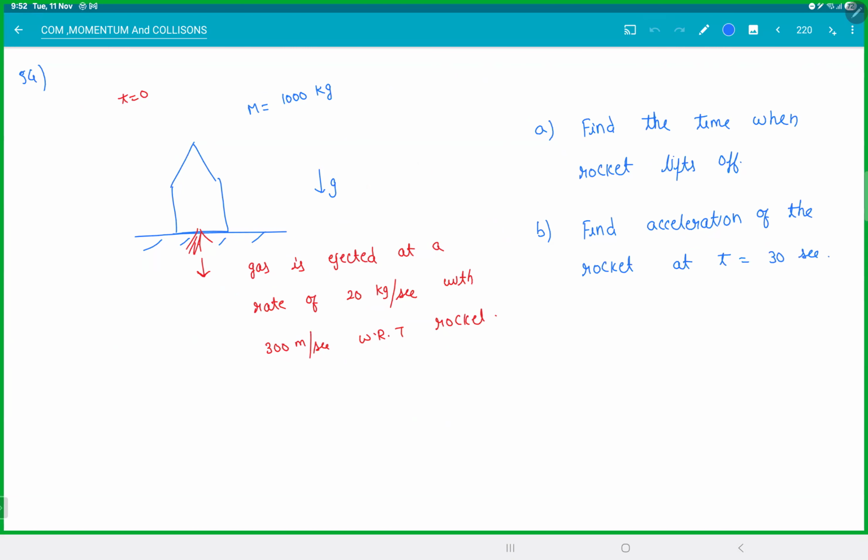Find the time when the rocket lifts off. And at t equal to 30 seconds, what is the acceleration of the rocket? This time gravity is there, g is equal to 10. Okay, 20. Right, Samyak.